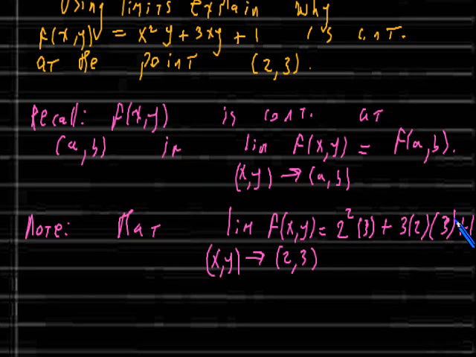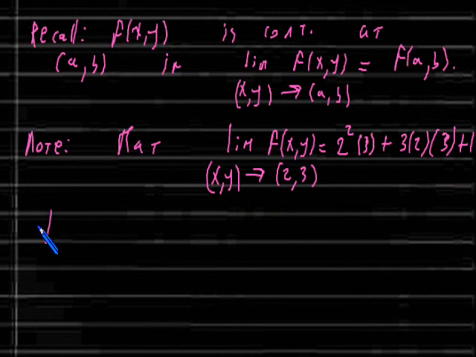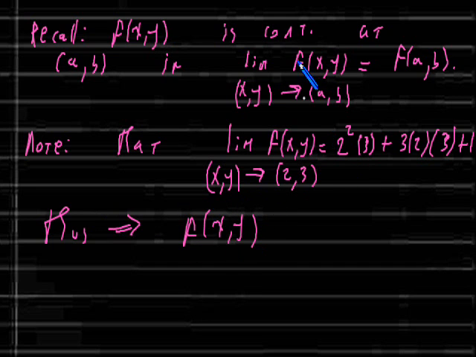And of course, this implies that f(x,y), which is equal to f evaluated at (2,3), is continuous at the point (2,3). So that's all you have to say.